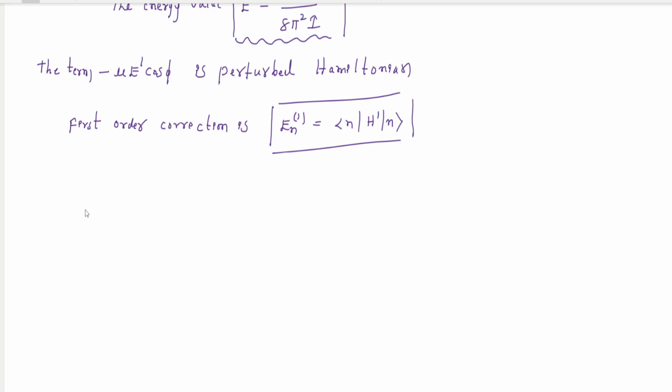E_m power 1 equals minus mu e prime, which is constant, times the integral of psi m power 0 complex conjugate, cos phi, psi m power 0 d phi. So this is the first order correction energy. In the rigid rotator, it is better to use 0 to 2 pi.